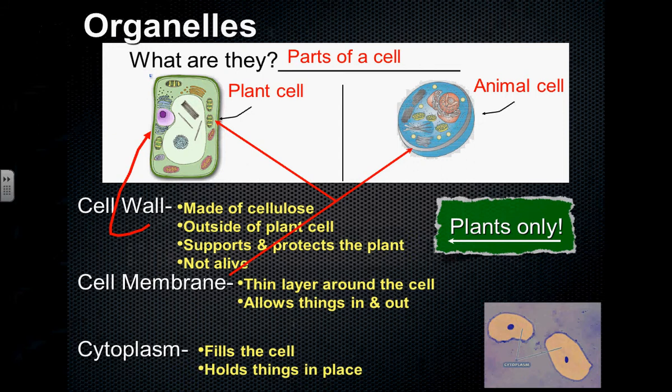They have a thin, flexible outer layer. The outer layer is what? Cell membrane in an animal cell. This white stuff? Cytoplasm. That's what Mr. Arcuri has in his cells. Cytoplasm. And then this is the nucleus. We'll talk about it in a second.